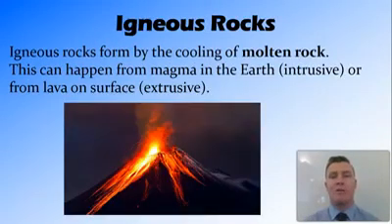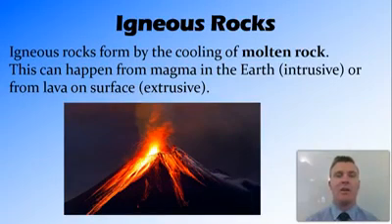The first way that rocks can be made is through the cooling of molten rock. And we call these igneous rocks. And igneous comes from the Greek word for fire. So we have this molten rock inside the Earth, in the mantle, and as this gets up to the top of the Earth in the crust, it can cool down and form rocks.